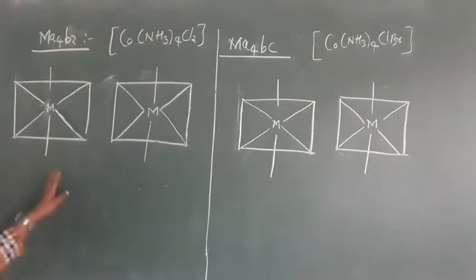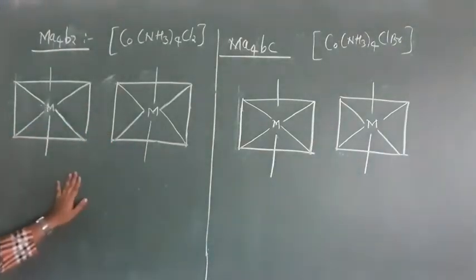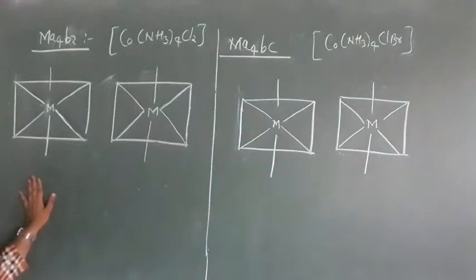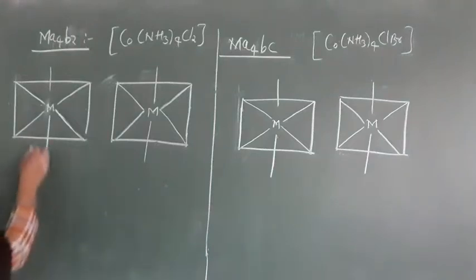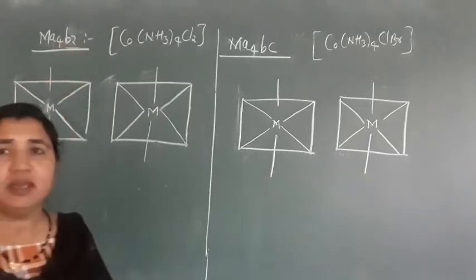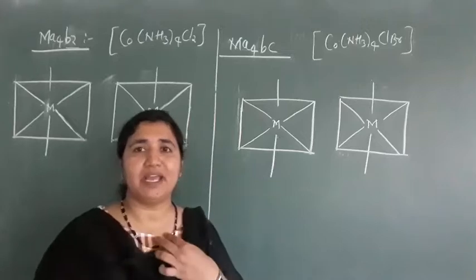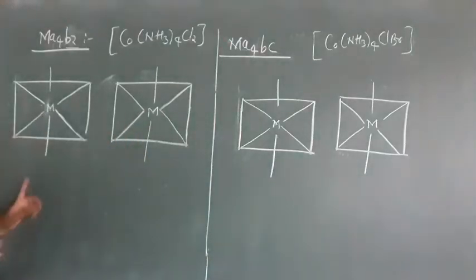Next we have MA4B2. This is important, MA4B2. How can we draw the structure here? See, this B2 is less in number, so we will take B2 as a constant, and by using that we will make the cis and trans.